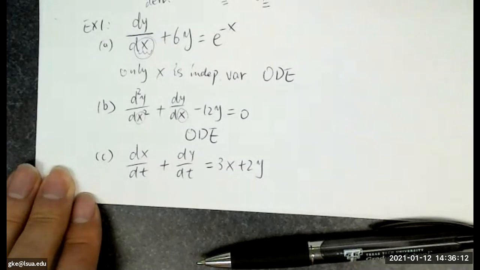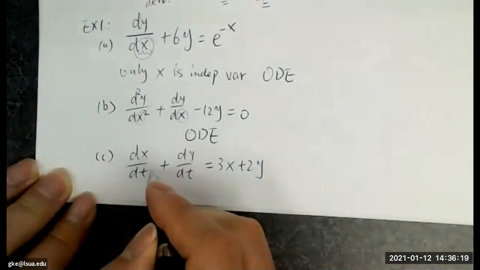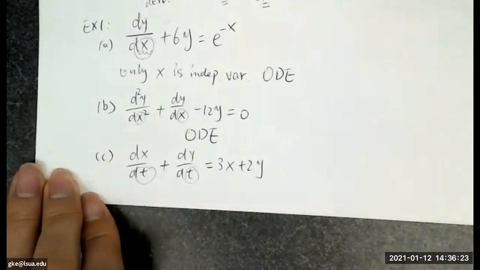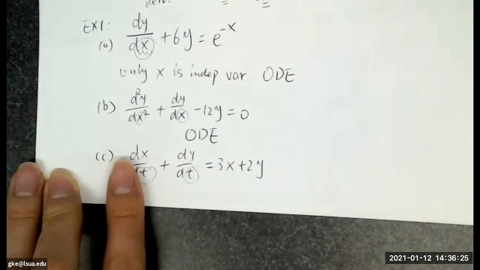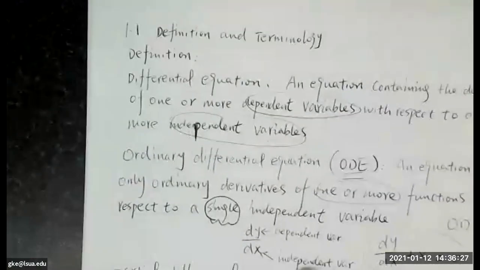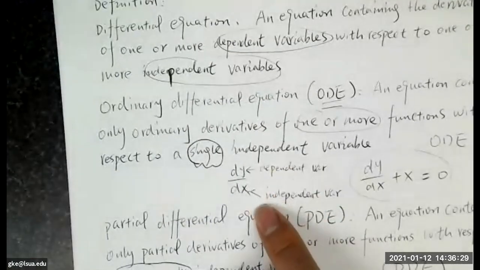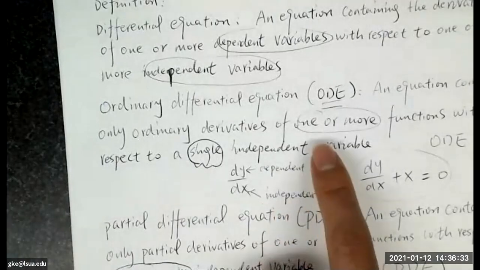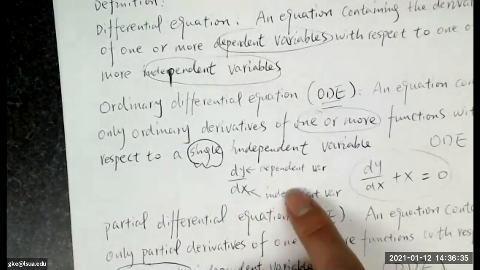ODE or PDE? ODE, right? Because in the denominator we only found one variable, that is t. Do you know the definition? What is the independent variable? What is the dependent variable? In the denominator, we count it as the independent variable.